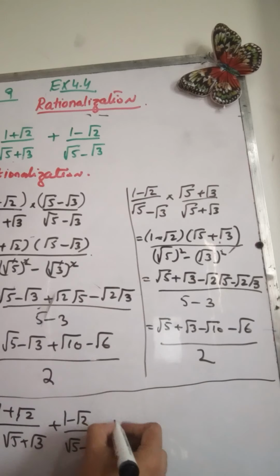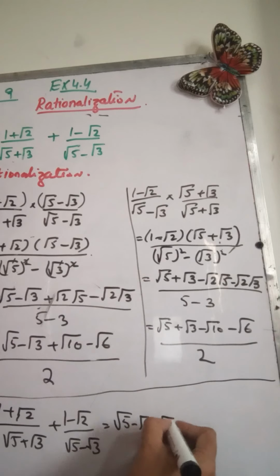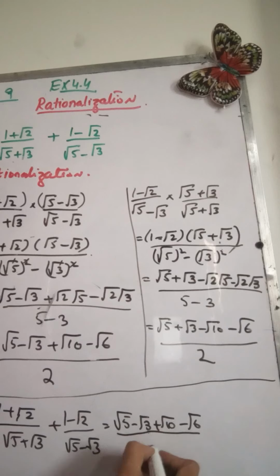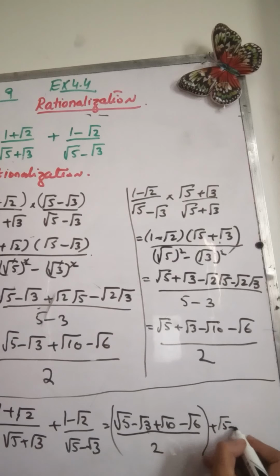I am going to replace this under root 5 minus under root 3 plus under root 10 minus under root 6 over 2, okay, and plus writing this under root 5 under root 3, okay, minus under root 10 minus under root 6 over 2.